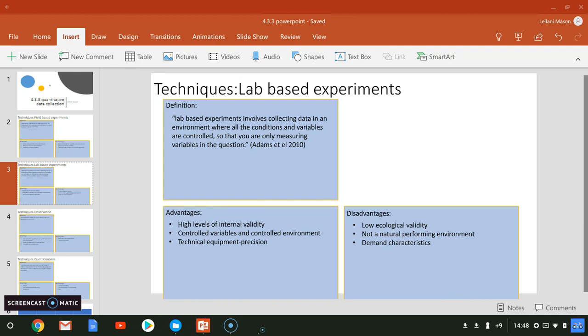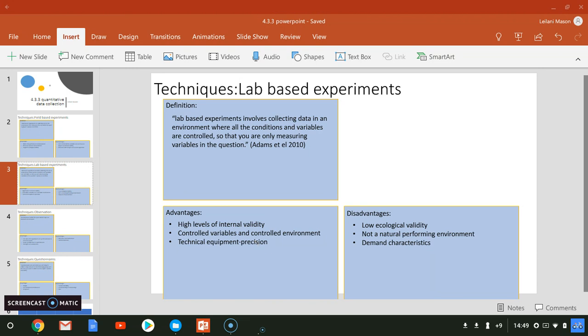So the advantages is high levels of internal validity. All the variables, so you know what you're measuring and the aspects of what you want to measure. The advantage is that the variables are controlled and it's in a controlled environment.